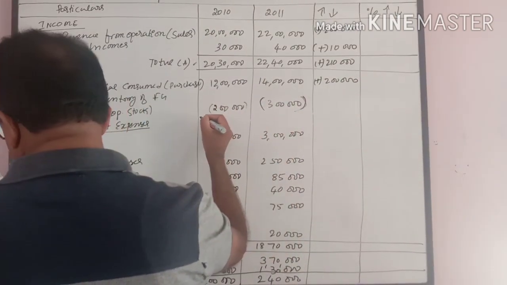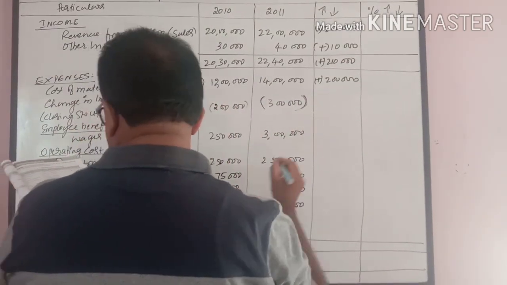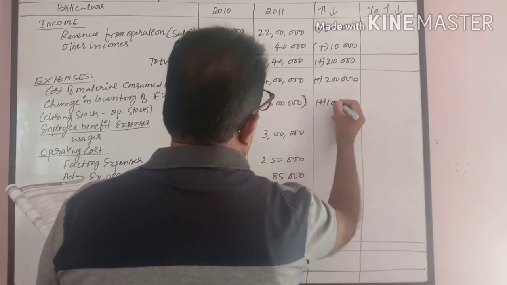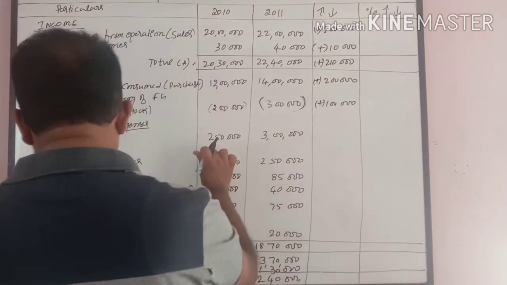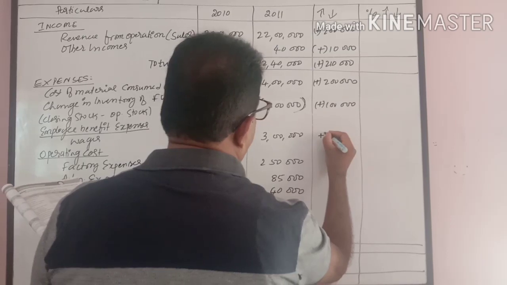3 lakhs minus 2 lakhs plus 1 lakh. 3 lakhs minus 2 lakh 50 plus 50,000.